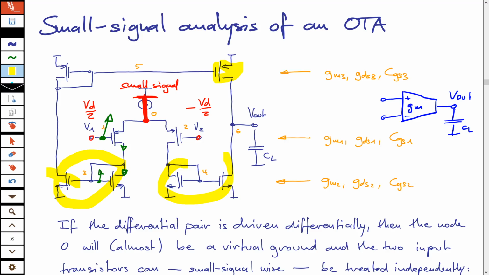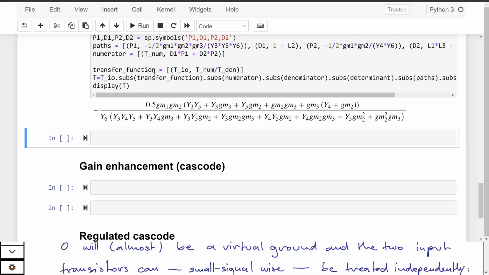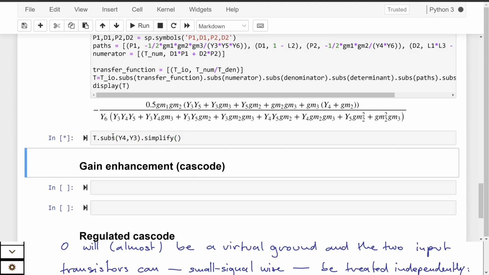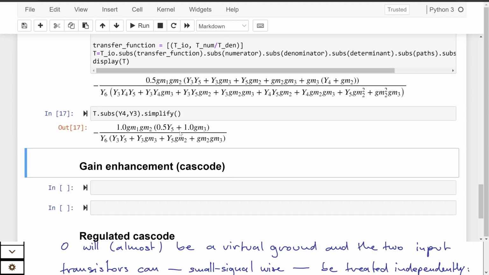If the transistors have the same size, there is not the slightest difference. So I can at least say that Y3 and Y4, the two driving point admittances, must be exactly the same. So let's see whether this becomes a little bit simpler if I do it like this. Yeah, and already I start to get a very nice result.